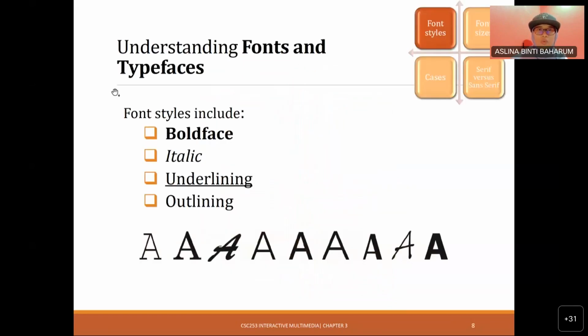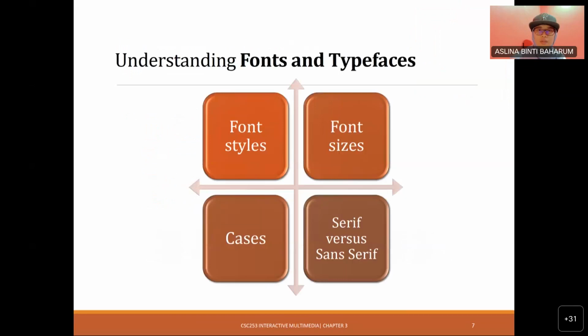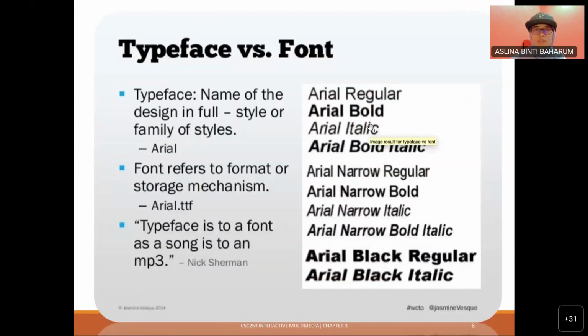Okay, so the style, not only the font just now, it also has boldface, italic, underlining, and also outlining. So that's why in the group just now, when you say Arial, so Arial bold, Arial regular, Arial italic have a different style. Tahoma also has Tahoma regular, Tahoma bold, right?